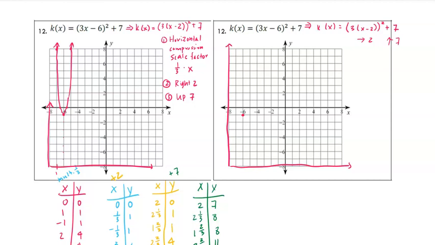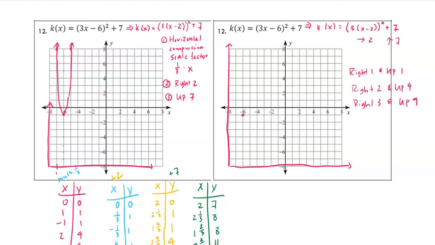And then if you look at the parent function, it's going to be up 1 and to the right 1. Or I could do right 2 and up 4. I could do right 3 and up 9. Input is 3, the output is 9 on a parent quadratic.